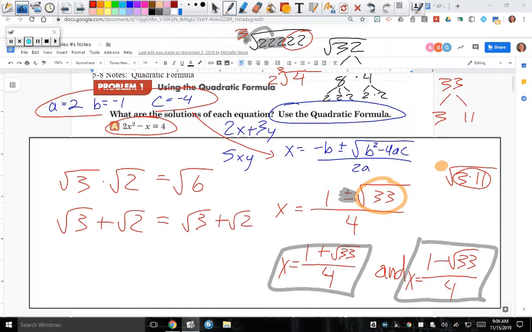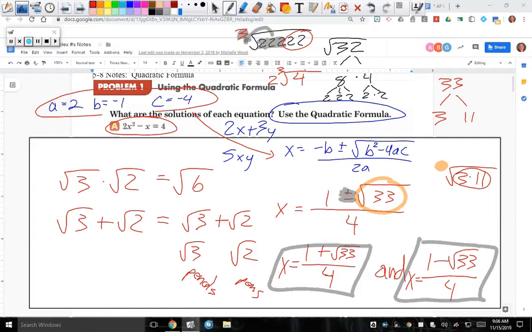Because this family is square roots of 3 family. This family is square roots of 2 family. So it's like saying pencils and pens. You can't add them together. But you can multiply them together. You should ask why. Why can you multiply them but you can't add them?